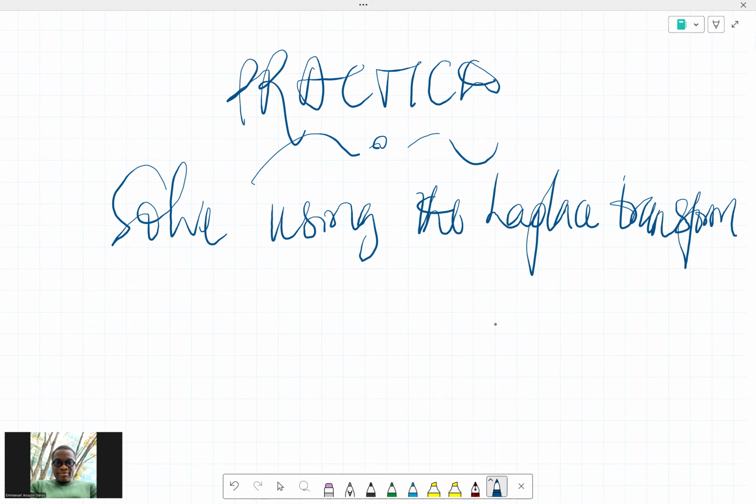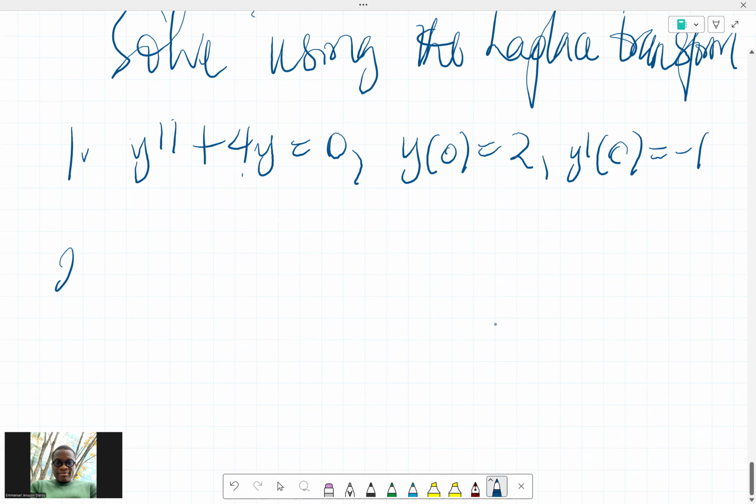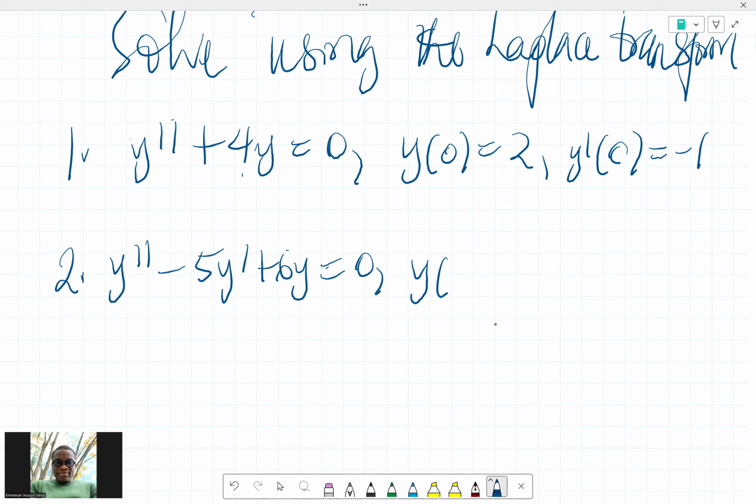Number 1, y prime prime plus 4y equals 0, y of 0 equals 2, y prime of 0 equals minus 1. Question 2, y prime prime minus 5y prime plus 6y equals 0, y of 0 equals 1, y prime of 0 equals 0.